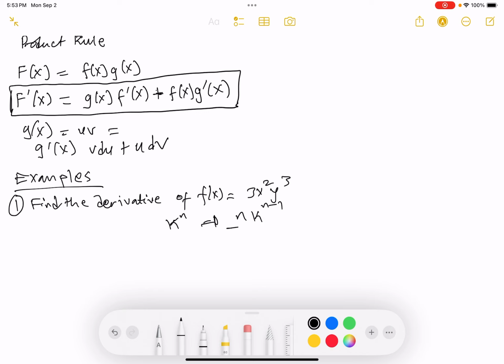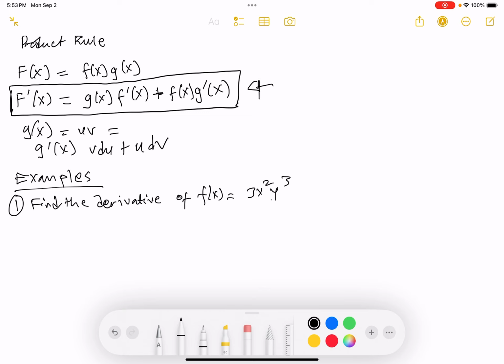So if you're not familiar with this, please go back and watch my previous video. In this case we're just going to apply this rule along with the product rule that we just learned.